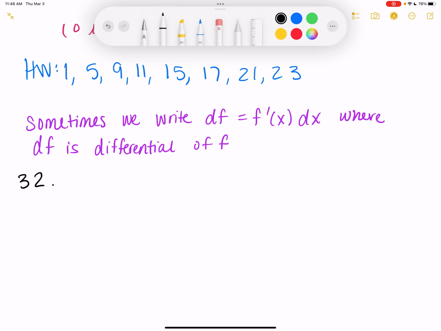So, 32 is a surface area problem. The change in the surface area S, which is equal to 4 pi r squared of a sphere, when the radius changes from A to A plus dr.